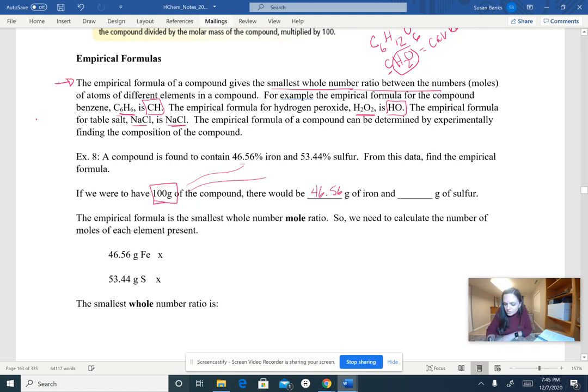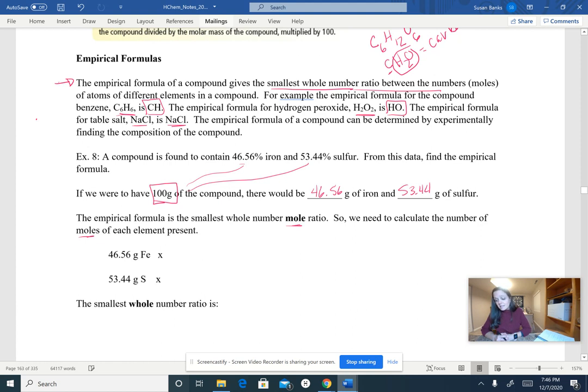And wouldn't that also give me 53.44 grams of sulfur? So if we always pretend that we have 100 grams of whatever we're dealing with, we can just use the percentages as mass, as grams. Okay? So the empirical formula is the smallest whole number mole ratio.